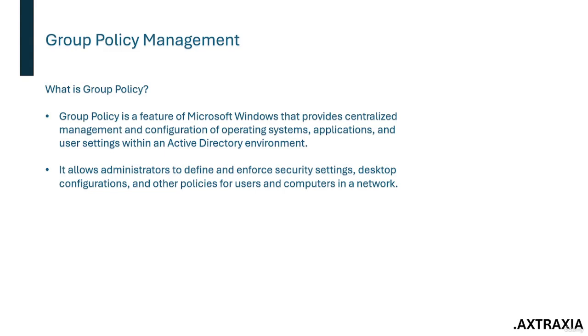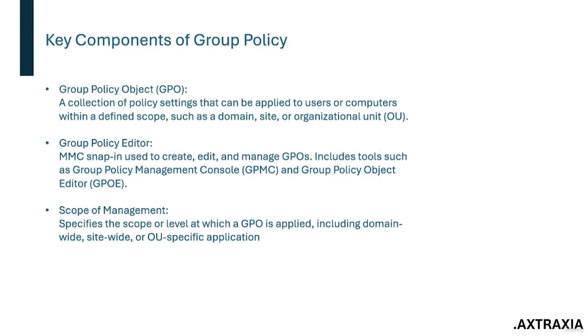Things like that, right? Now that we know what it is from a basic point of view, what are some of the components? We have the object, which holds the settings that are going to be applied to organizational units, to users, to computers within the group. It's normally created to configure those settings.